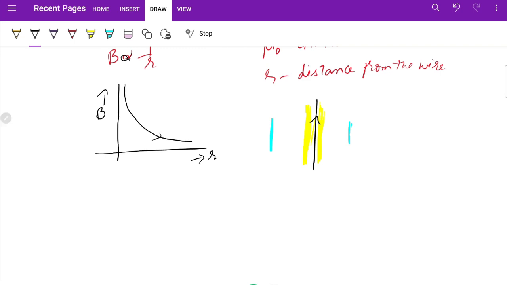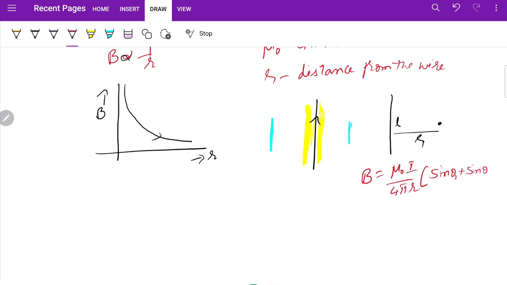So then what about the magnetic field due to a finite conductor? For example, if the length of the conductor is fixed, L, then what will be the magnetic field at a point at distance r from the wire? In this case, the magnetic field will be given by B is equal to mu naught I by 4 pi r into sine theta 1 plus sine theta 2.